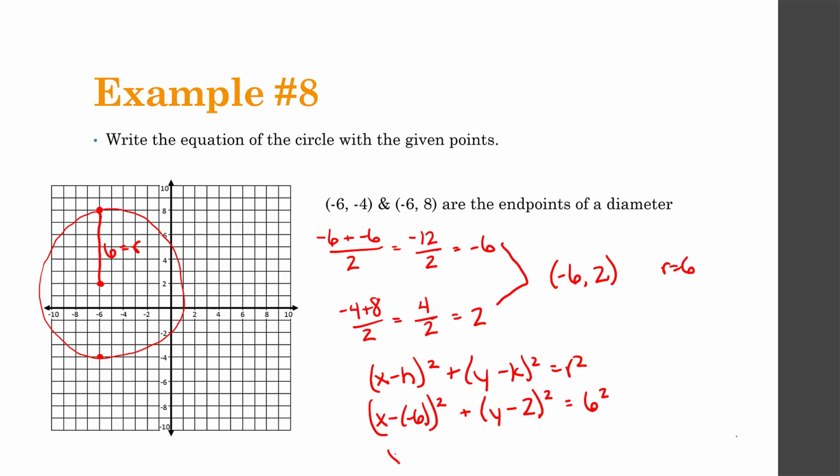And then simplify. And this is the equation of that circle. So here you just want to make sure you remember, use that midpoint formula, which is just adding and dividing by 2 for your x's and y's, finding averages, and then plug in the information.